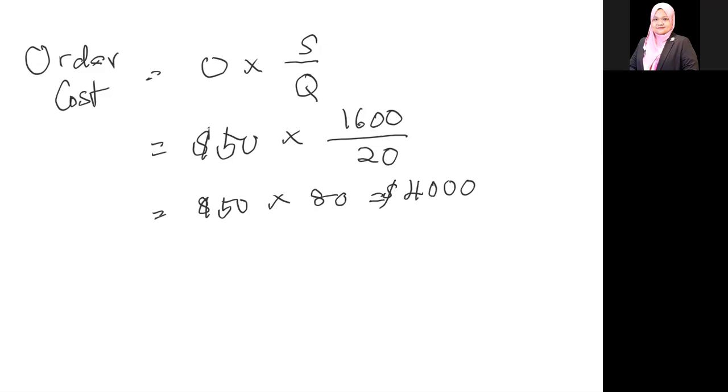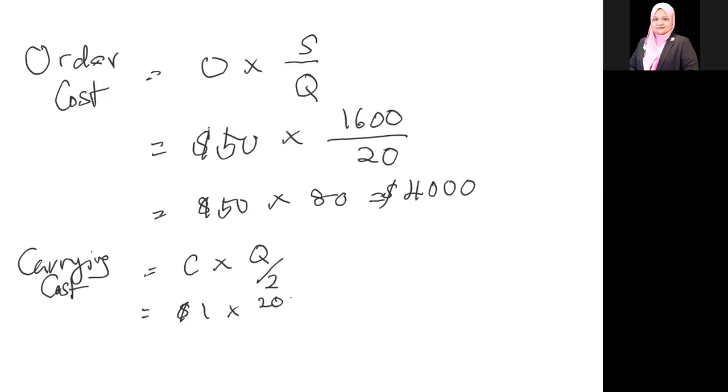Now I want to know the carrying cost. The formula to calculate carrying cost is the carrying cost per unit times quantity divided by 2. It is $1 times the quantity, which is 20, divided by 2. So it is 10 times 1, which is equal to 10.